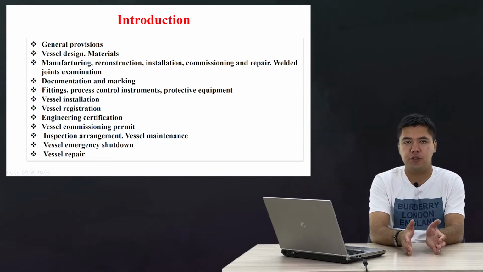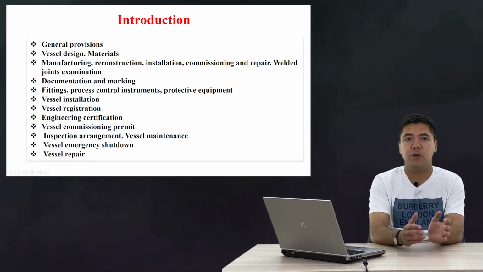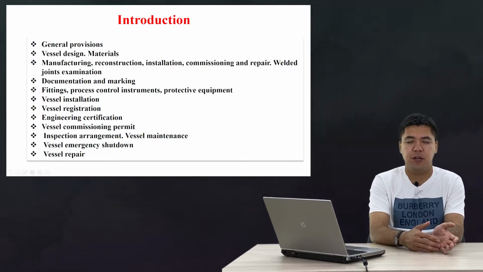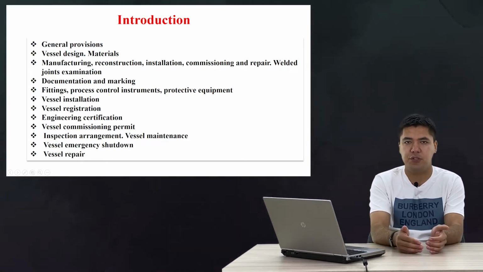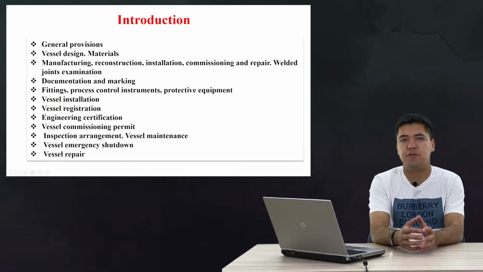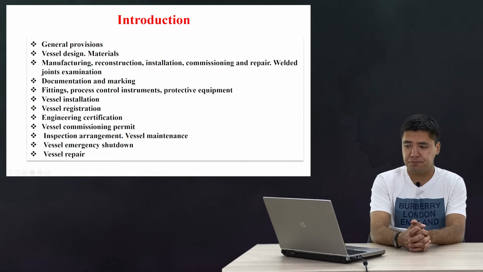Also, how to install and how to register a vessel, because if you remember from the industrial safety training, we said that all industrial hazardous facilities and objects shall be registered with the local industrial safety authorities. And today we are going to speak in detail about how to register with local authorities.